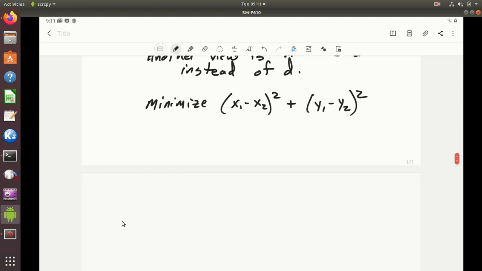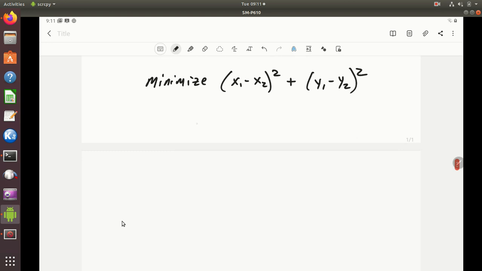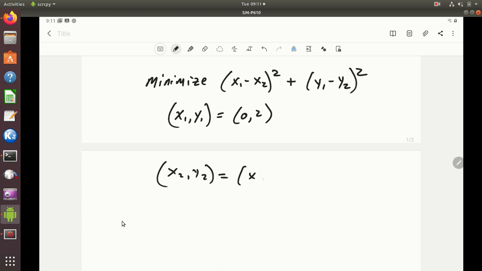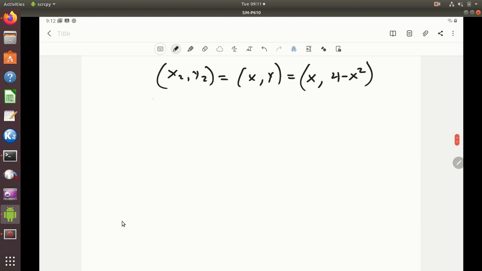So what I can do is I can come in here and say, okay, we're going to let x1, y1 be that point 0, 2, and we'll let x2, y2 be the point x, y, but that is x and 4 minus x squared. So there are our points. So now we want to minimize.